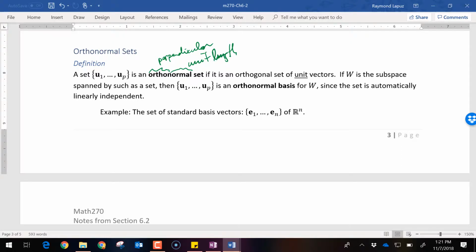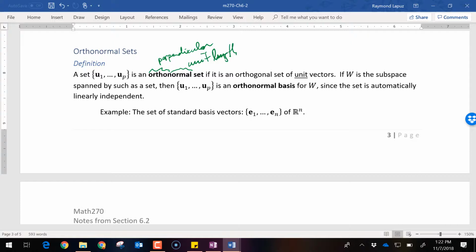Orthonormal. So because an orthogonal set forms a basis, then an orthonormal set would also form a basis. And it turns out that it's always nice to deal with an orthonormal set, regardless of where you are.